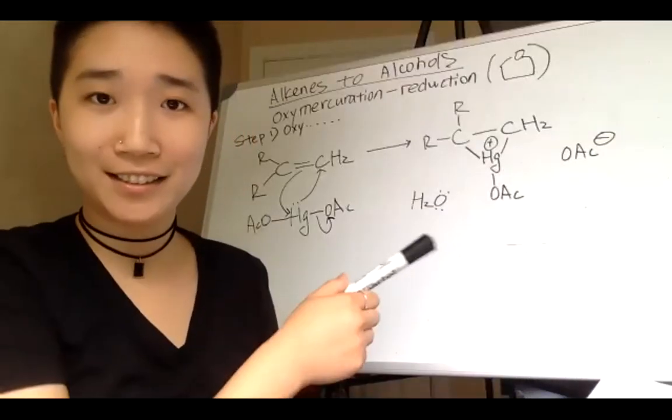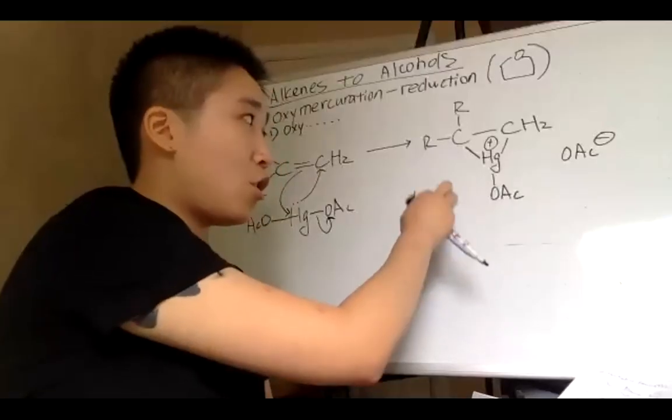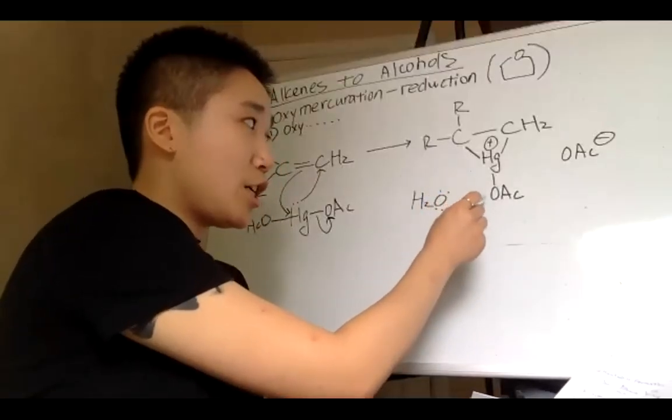To the oxygen and the acetate ion. Water goes where? Sorry. To the oxygen acetate ion and the positive charge with the mercury. The water would go, you mean here?